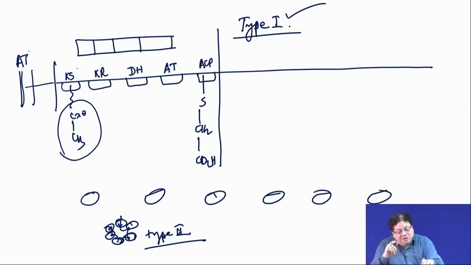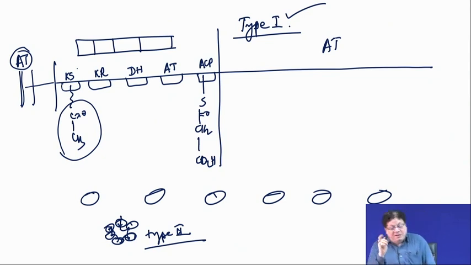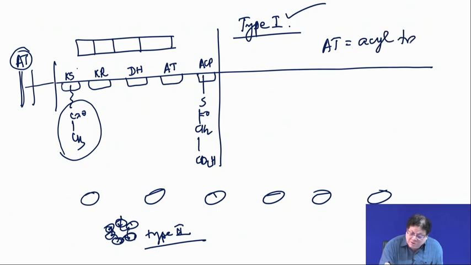You are transferring the malonyl group, that is also an acyl group, and then putting it to the ACP. So, this is what is called AT. AT's job is to do this transfer. Acetyl group transferred to the ketosynthase, malonyl group transferred to the ACP. So, AT is acyl transferase. Okay.